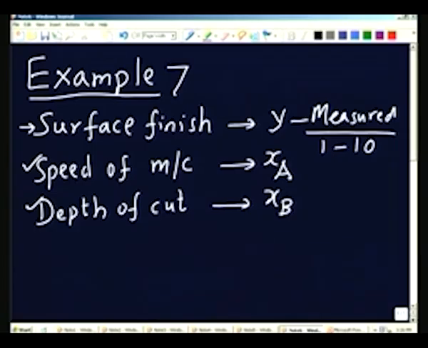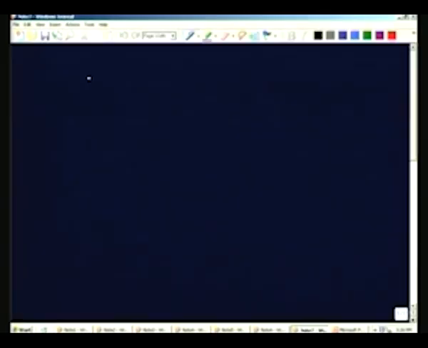So, I am going to look at the surface finish, speed of machine, and depth of cut, and make a tabulation of the results of the experiment. So, the results of the experiments are tabulated in the following way.